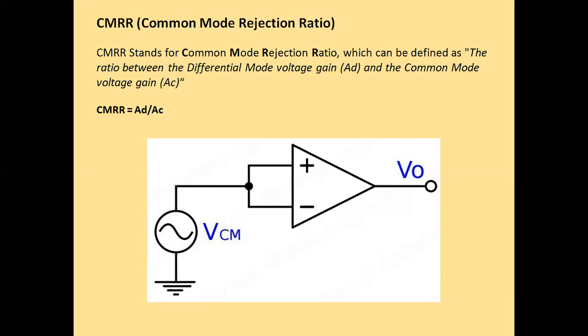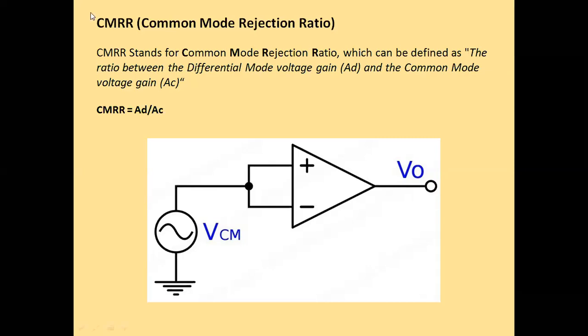Common mode means, here the term common refers to something that should be the same for two things. In an operational amplifier we have two inputs, so as per the term common, the same kind of signal has to be applied to both the inputs, that is to the non-inverting input and to the inverting input.